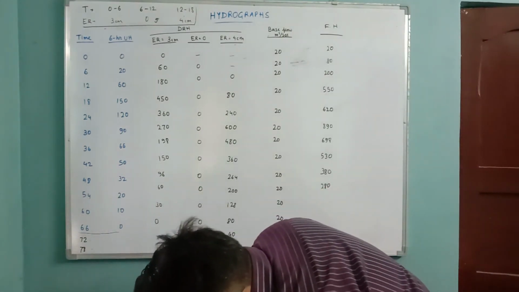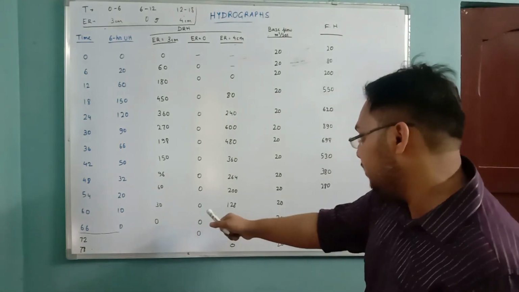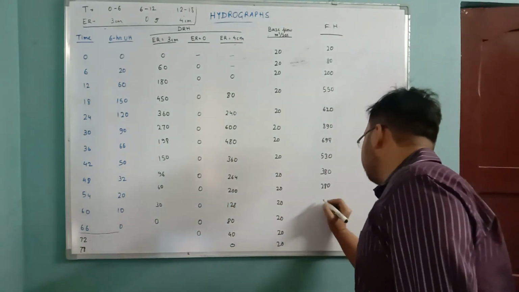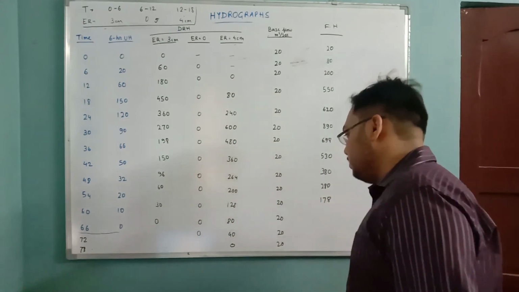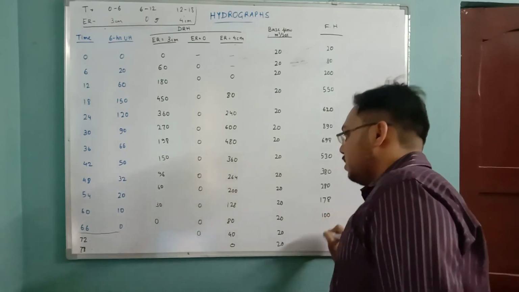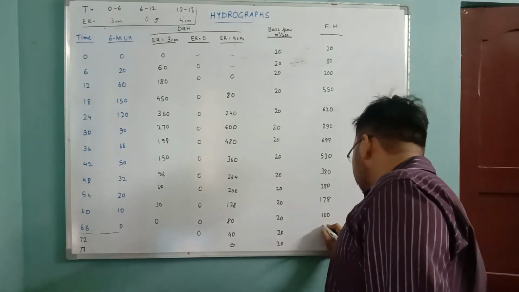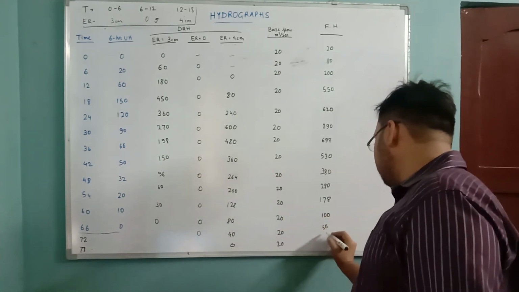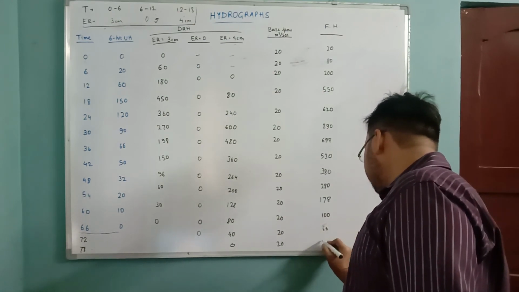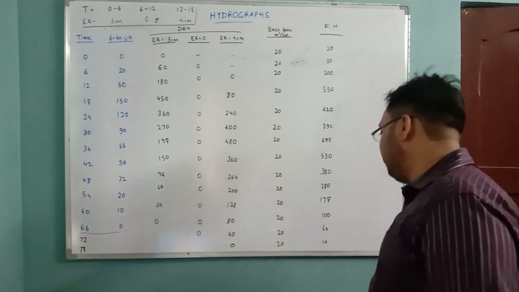Yeah, it's 280, and this one is 30 plus 20 is 50. This is 80 plus 20, that is 100. 40 plus 20 is 60, and this is 60, and finally we have a 20.